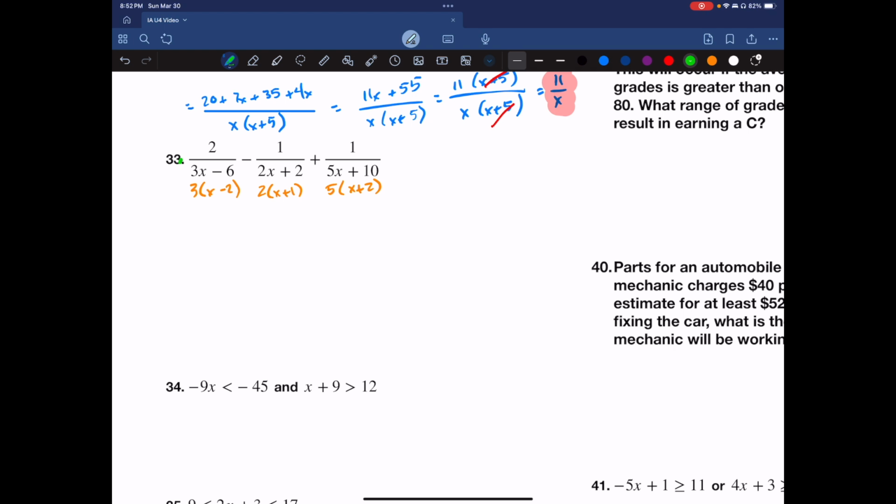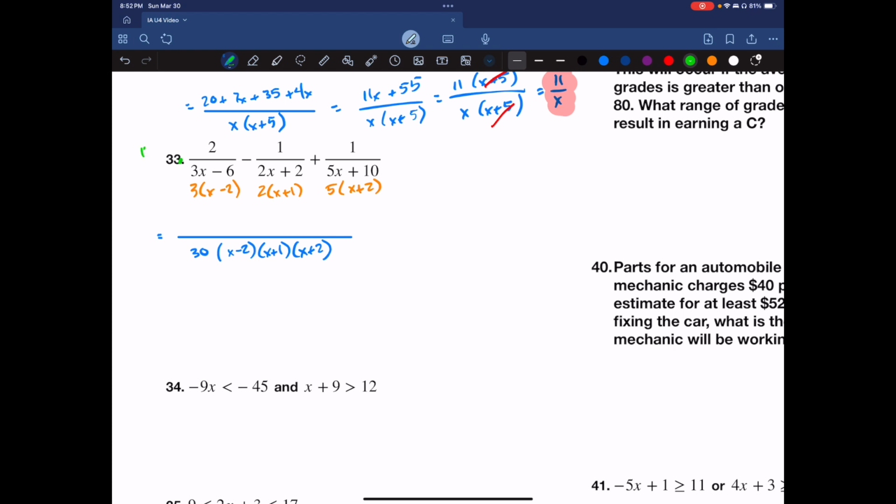On the far left, a common denominator is going to be 30. 3 times 2 is 6 times 5 is 30. So 30, x minus 2, x plus 2. And I write it out like this because I want to figure out what I need.